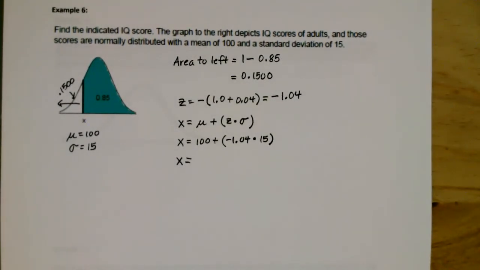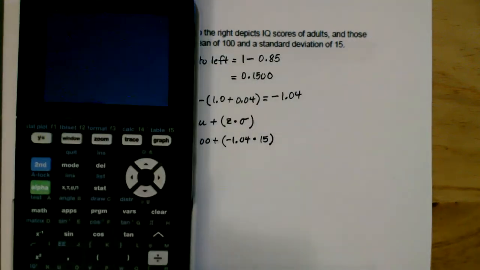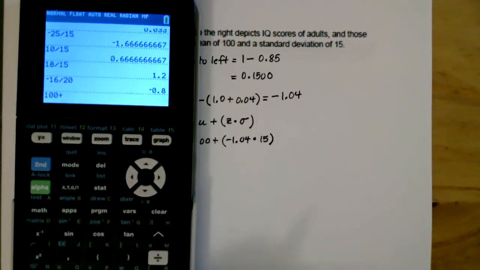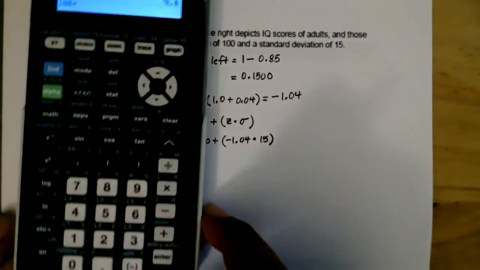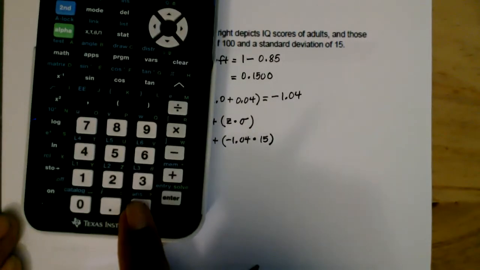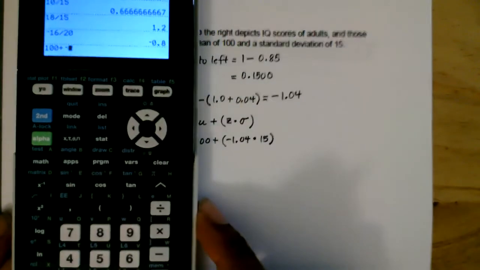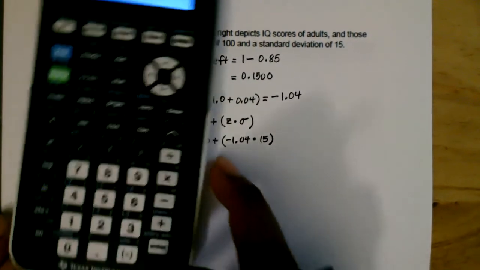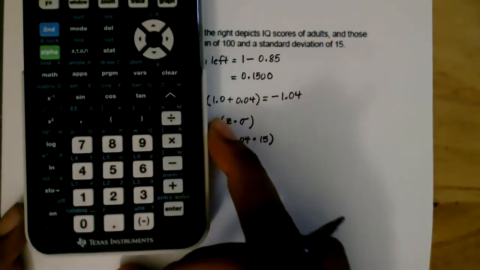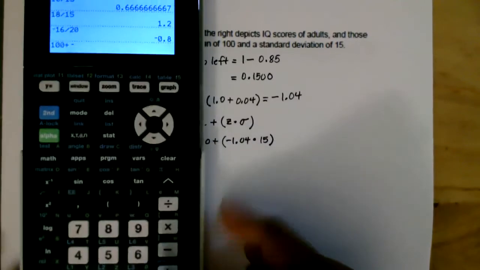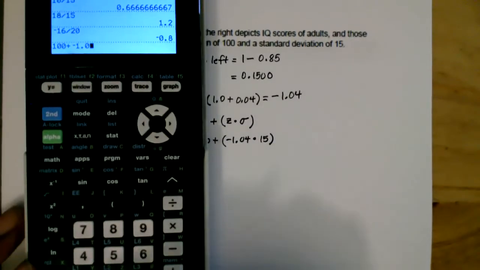Now we can type all this in the calculator here. So if I do 100 plus the negative key, it's down here. You'll press that button. Do not confuse that negative key with the minus symbol. The negative key is at the very bottom, a small minus sign with the parentheses in it. And then 1.04 times 15.